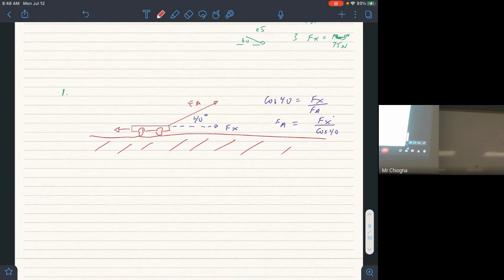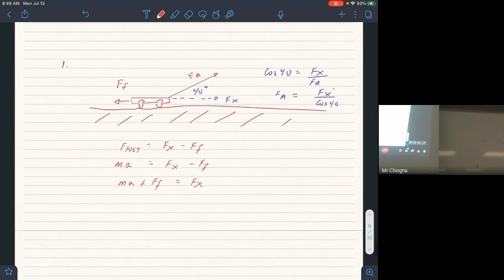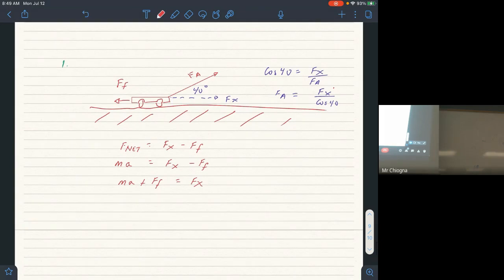We have the force of friction. Same equation as I wrote before. F net is equal to Fx minus friction. So I have my acceleration. I'm just going to use positive values with these equations the way I set them up.